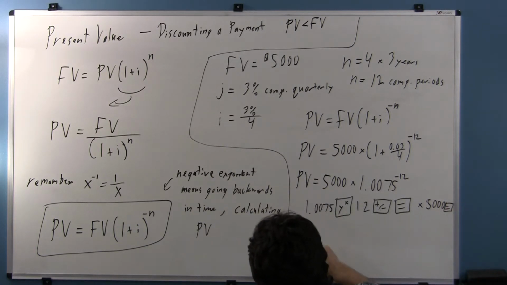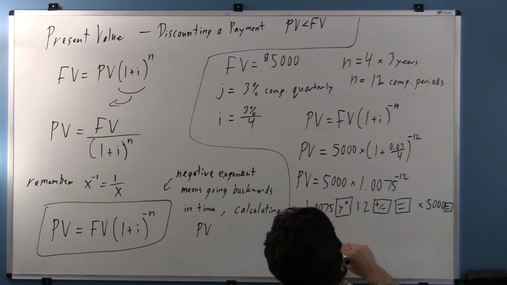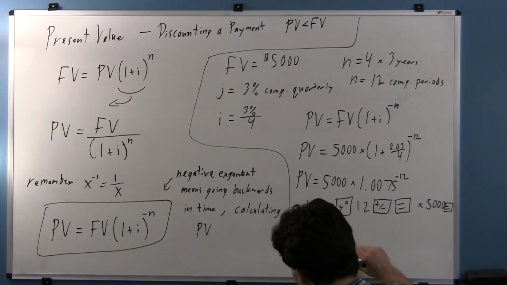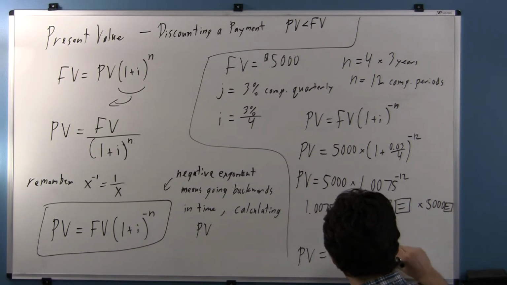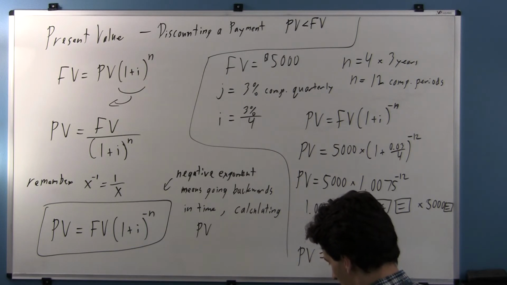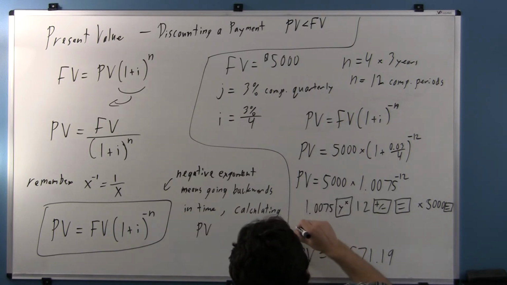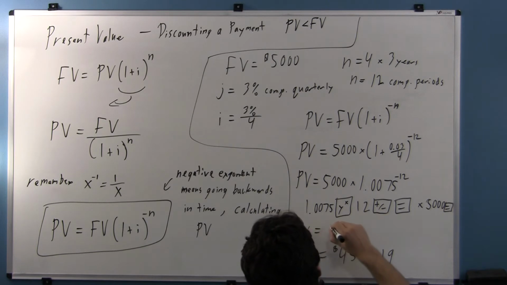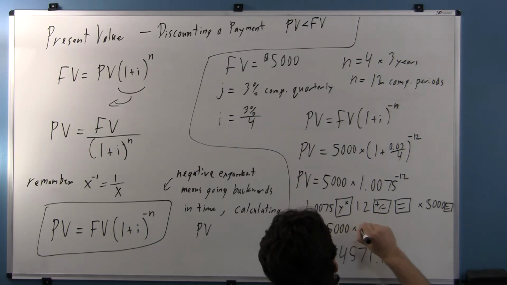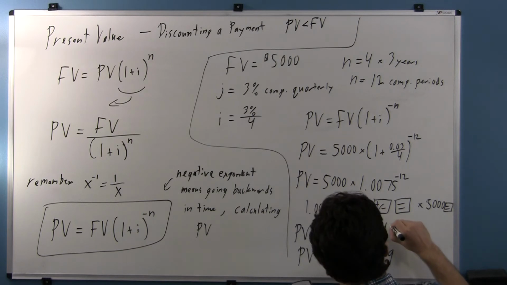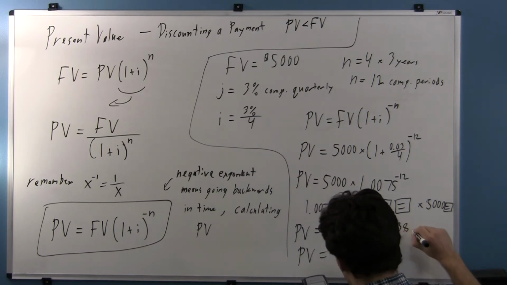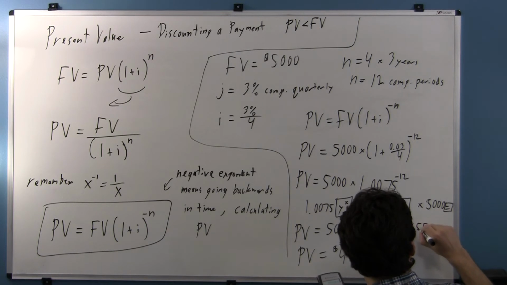And so PV is equal to $4,571.19. Just so you can make sure you're following along, let me show that intermediate step. PV was 5,000 times 0.914238155.